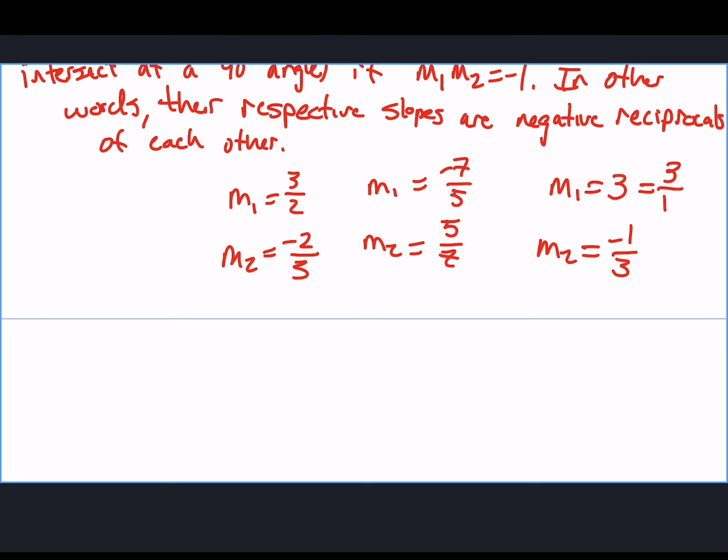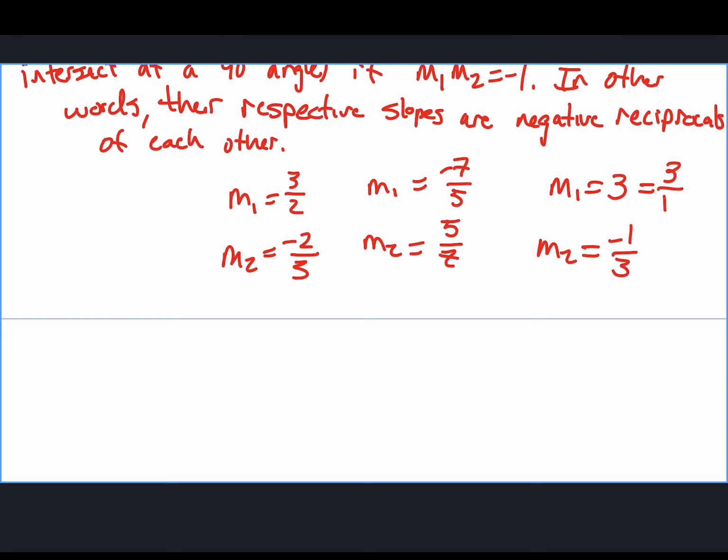Okay, so now what we want to do in our next couple of examples is write the equation of a line that's parallel or perpendicular to a given line. So we'll be given an equation, and we'll want to find the slope of that line. Typically, what form do we want to find the slope in? y = mx + b, so slope-intercept. Now, if the other line is parallel, then it will be the same slope, just with a different y-intercept.